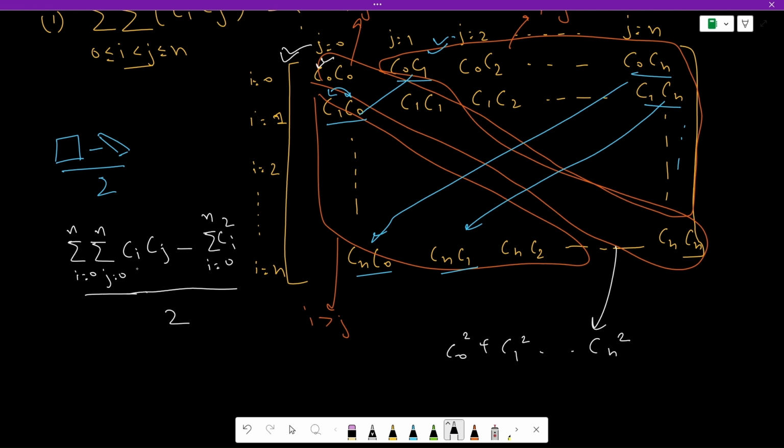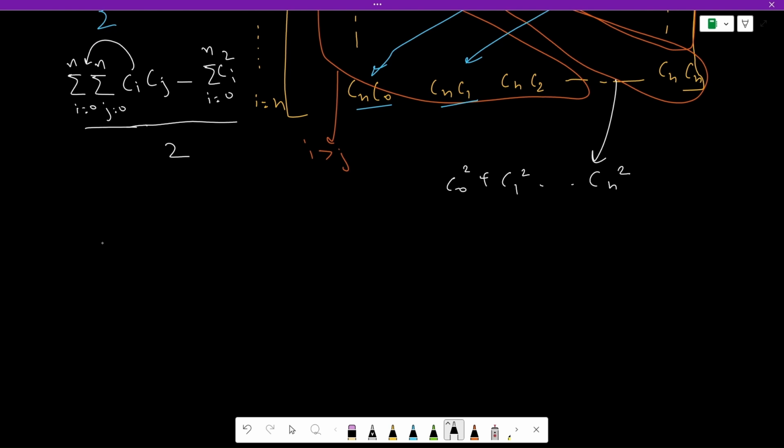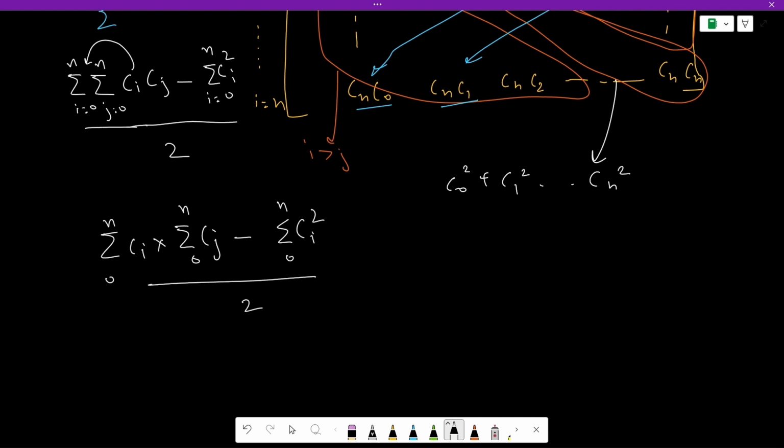Now we will use the product property so we can get this out of this summation. So this will be summation 0 to n ci into summation 0 to n cj, minus summation 0 to n ci square, divided by 2.